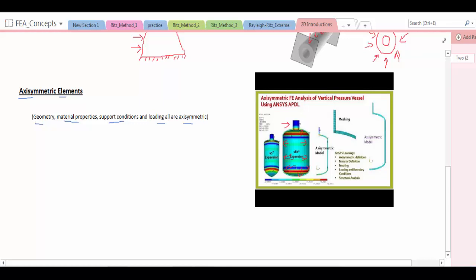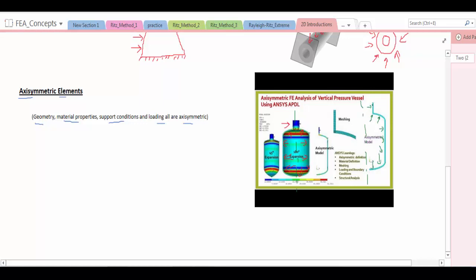So we can call this an axisymmetric analysis. With respect to its axis, if you draw the axis like this, it will be there, right? So that is why we are considering it like this. So this is the axis of the component, and the uniform pressure is acting on all the inside edges. So we can call it an axisymmetric analysis.